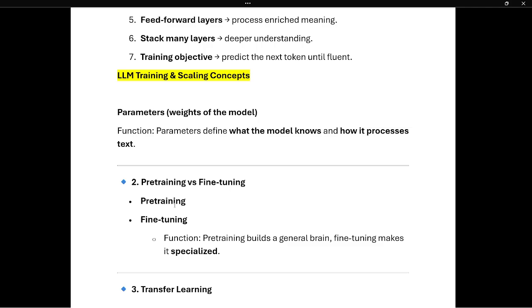Suppose we train an LLM only on medical data, medical text and concepts; it will then give good answers related to medicine. That is called fine-tuning. Fine-tuning always means training on a specific, domain-specific set of data. A pre-trained model is a generic brain, while fine-tuning makes it specialized. That is the difference between pre-training and fine-tuning.